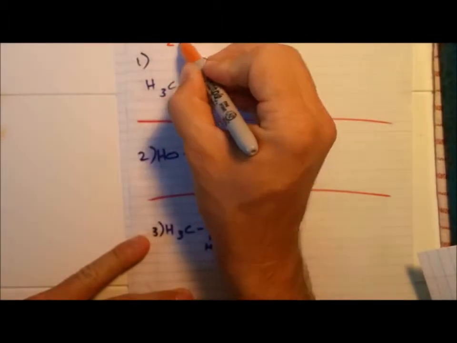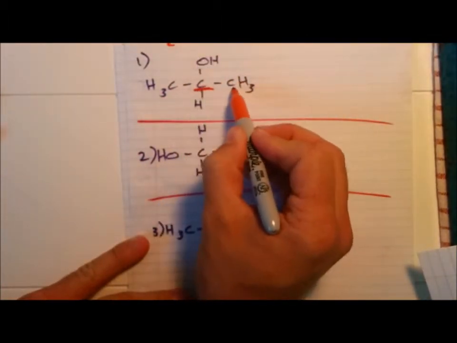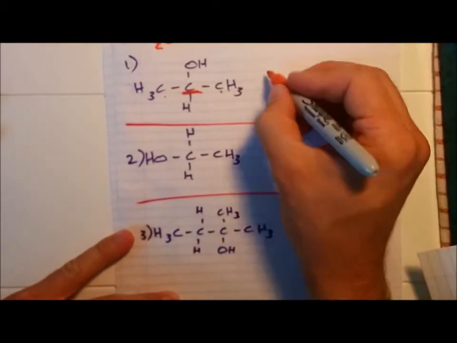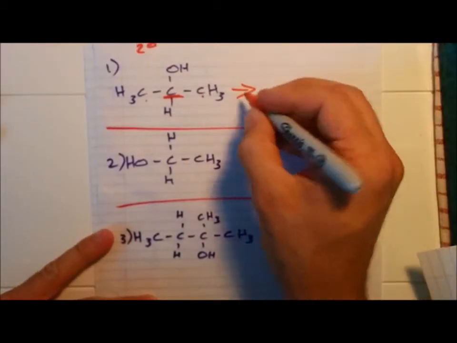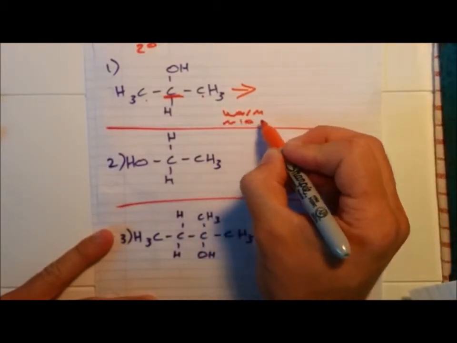Right, the first one is secondary alcohol because this is the alcohol's carbon. It's joined to two other carbons. So when we react it with Lucas reagent, we need to warm it. And it'll take about 10 minutes.